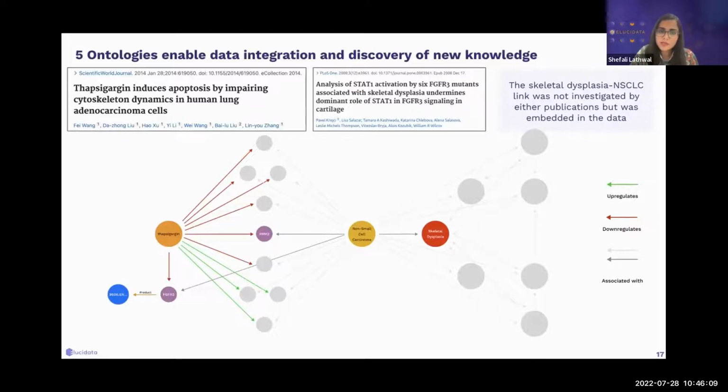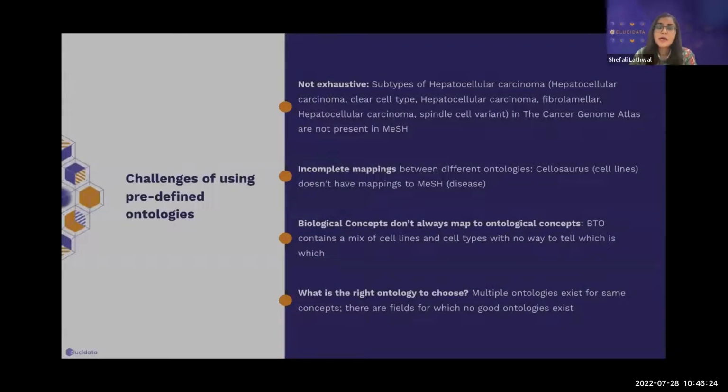And we're now taking this concept further and looking at relationships between a lot more different metadata fields like tissues, genes, cell lines, diseases, and drugs. And we're using these networks to now generate new biological hypotheses.